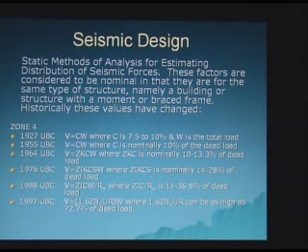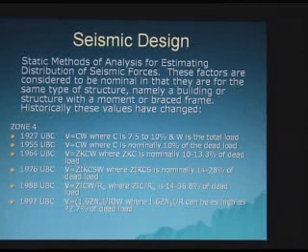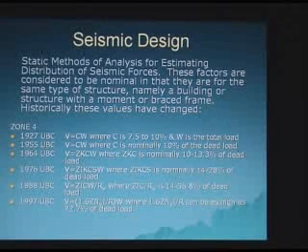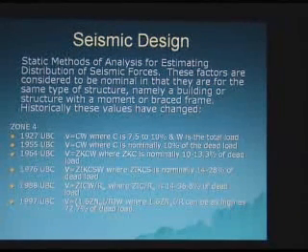But as you can see over the years, something that's interesting, in 1927 the basic formula for horizontal shear was 10% of the weight of the structure, or the mass of the structure. Up through 1955, it was still 10%.